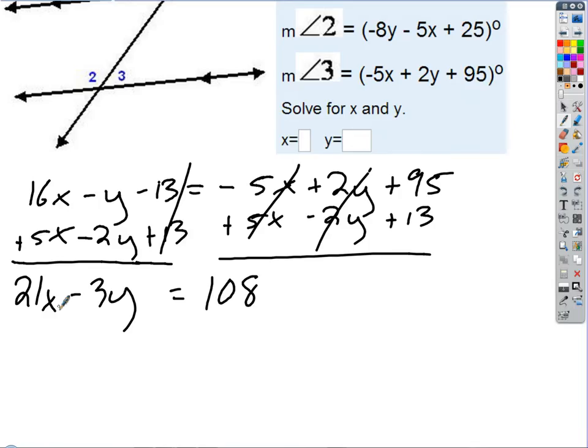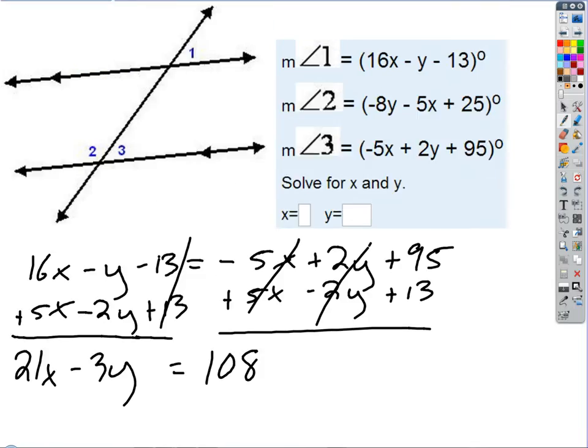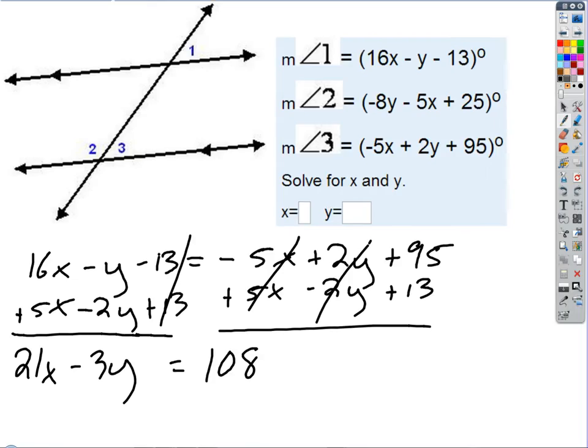Can somebody see from this picture up here another angle relationship that we could come up with? What do you think? Yes, ma'am, please. Okay, so the measure of angle 2 plus the measure of angle 3 would equal 180, because they're a linear pair. Good. There's another relationship, right? So let's write that one down.